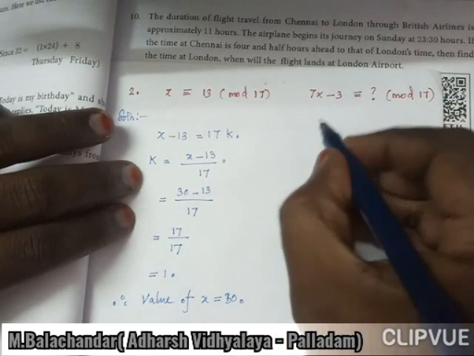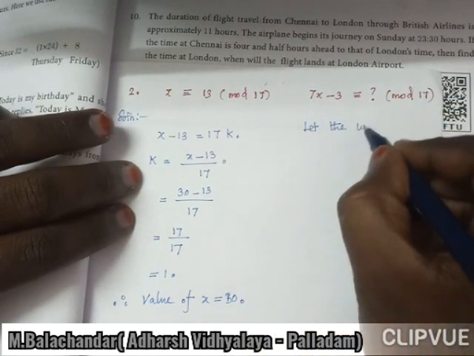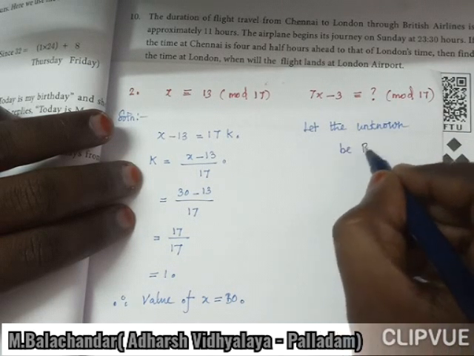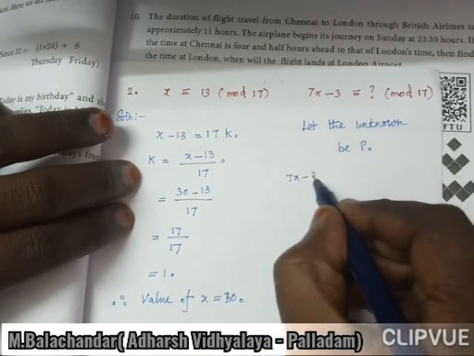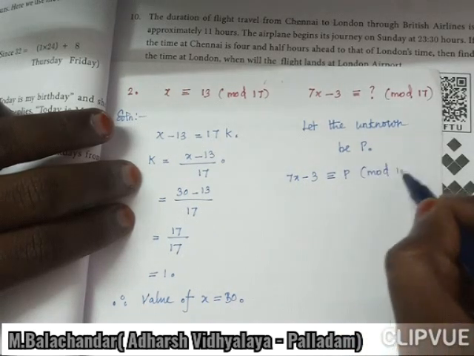From this, let the unknown be p. So 7x minus 3 congruent to p mod 17.